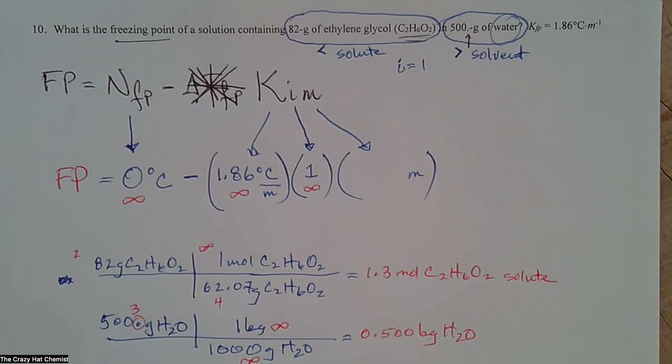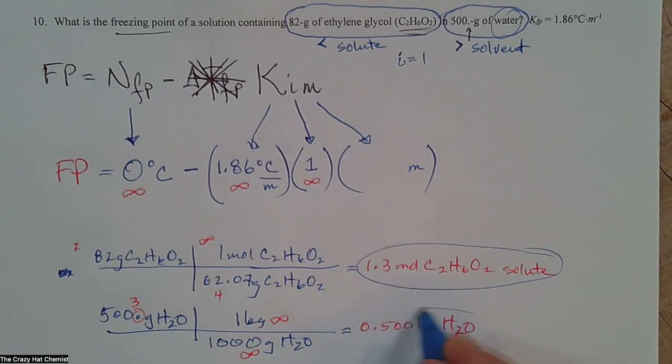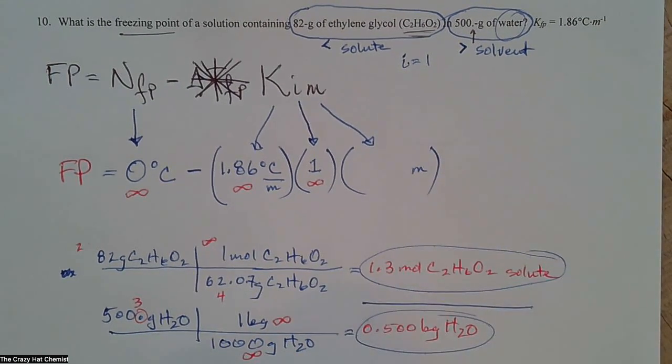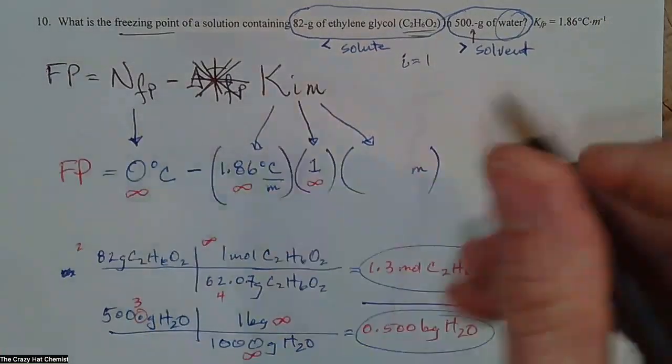Okay, perfect. So what we want to do now is take the moles of the solute divided by the kilograms of solvent. So I'm going to take this number divided by this number, and that's going to equal my molality. Let's see, I'm going to do that right up here in black up to the side.